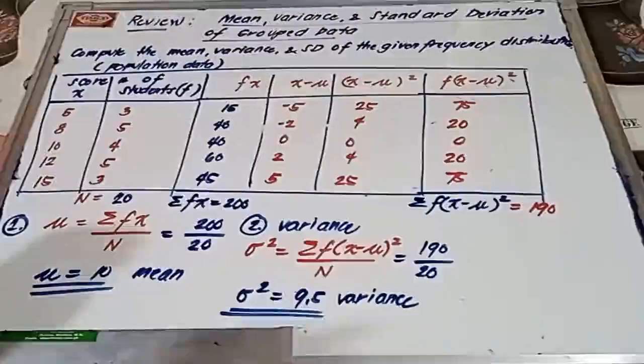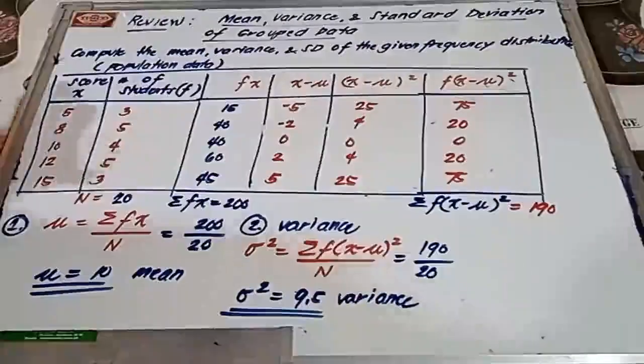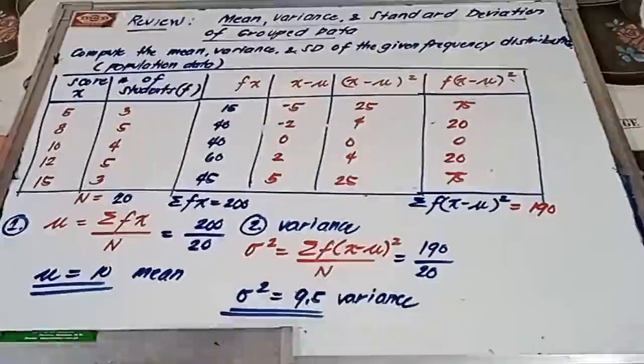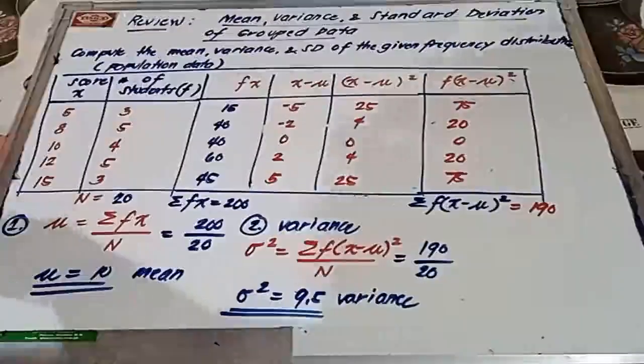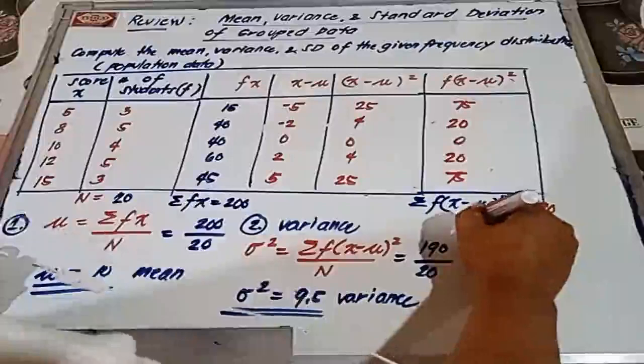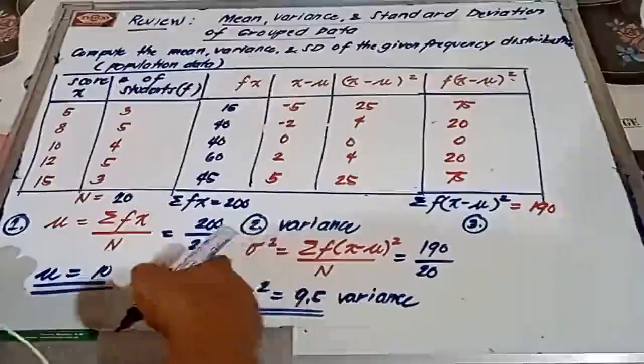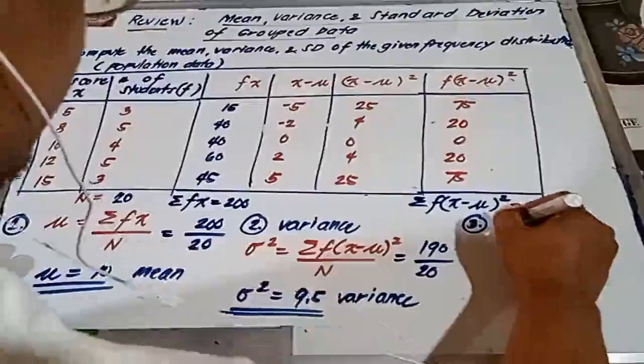Okay, yun ang variance natin, or dispersion of these scores from the center of the distribution, where in the center is 10. Okay? Next is we determine the standard deviation. The standard deviation is just the square root of the sigma squared.